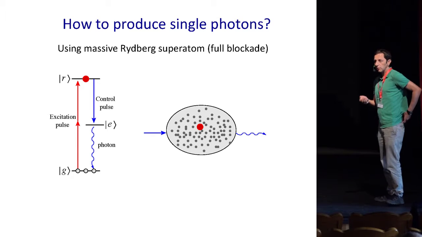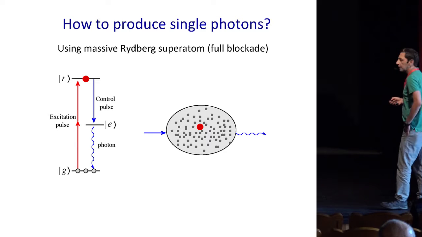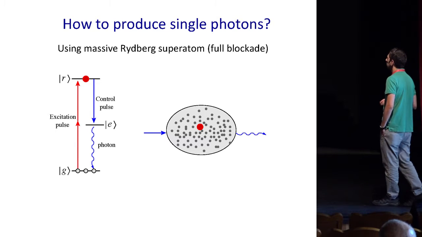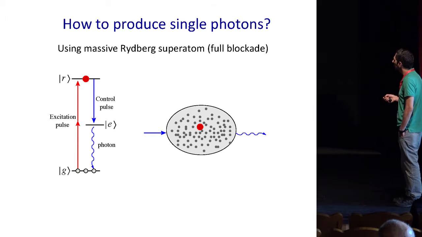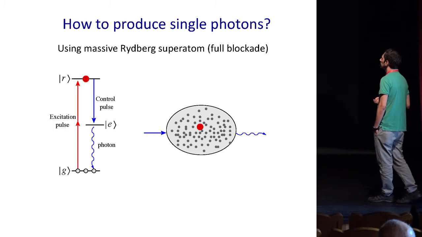And then the other scheme, which you already heard from Tilman, combines the ideas of a single emitter and a large atomic ensemble. You take a large atomic ensemble and put all the atoms in a small enough volume, but you still make sure that the optical depth is large.